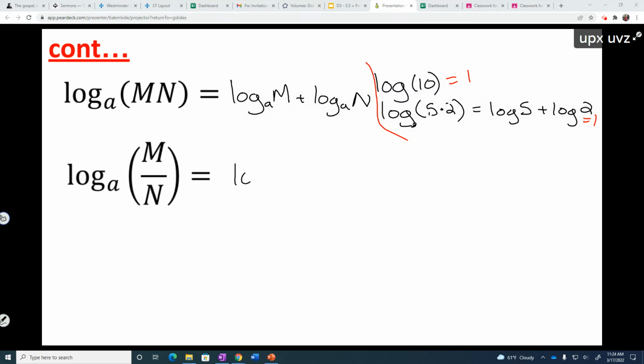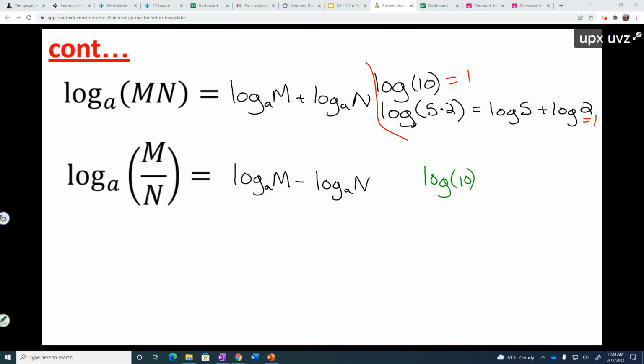So this would be log a of m minus log a of n. So addition and multiplication are pairs, division and subtraction are pairs. And I can show you how this one works too. Let's do the same log 10.